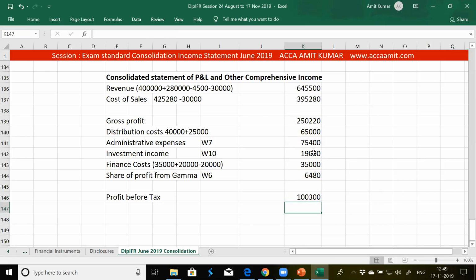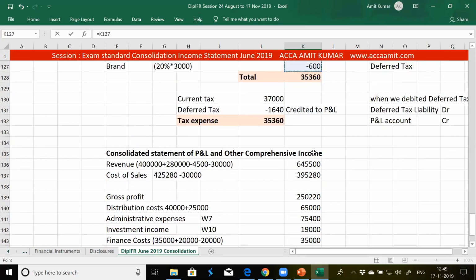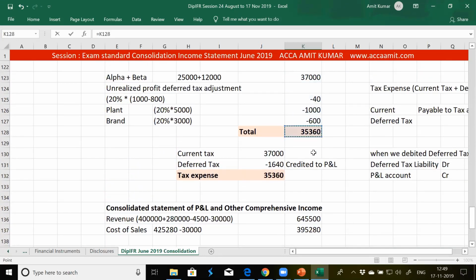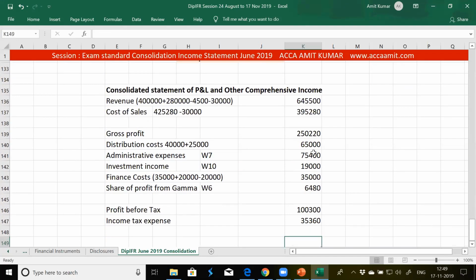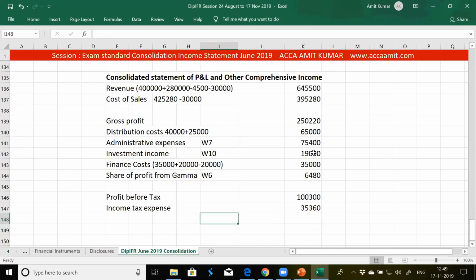This is profit before tax. Income tax expense, we just calculated 35,360. Profit for the year equal to 100,300 minus 35,360.